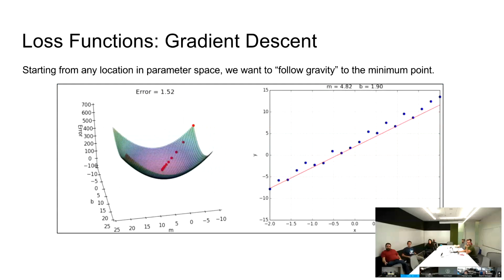This is a visualization of gradient descent in action. You're moving in parameter space towards the bottom of the surface, and that corresponds with generating more and more accurate models. So that's a crash course of what we learned in course 1, I guess.